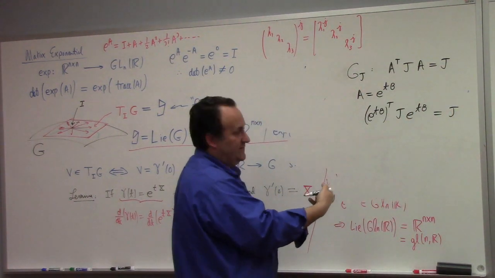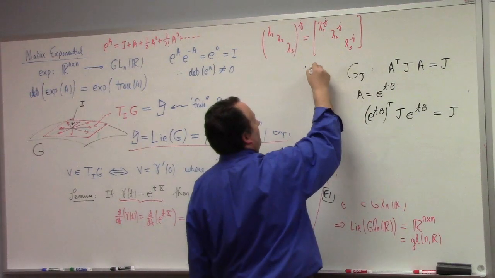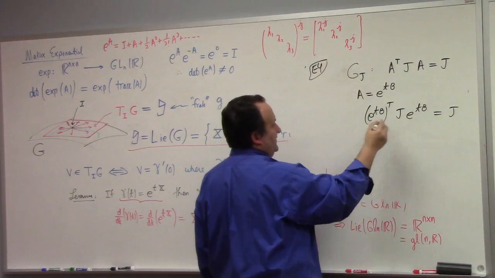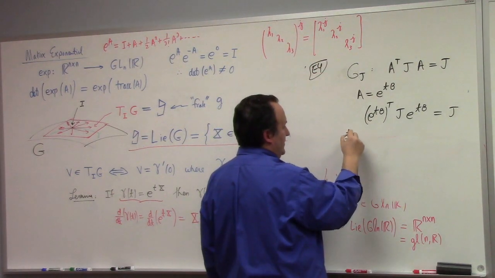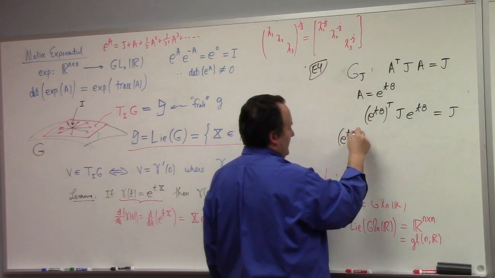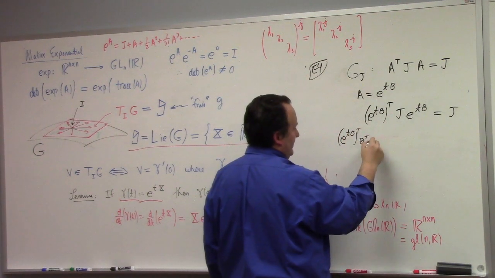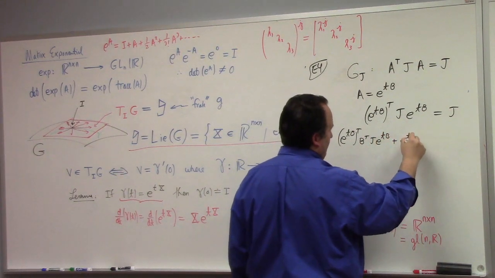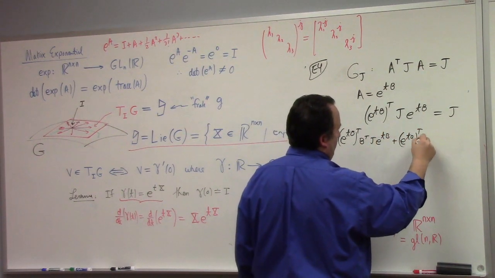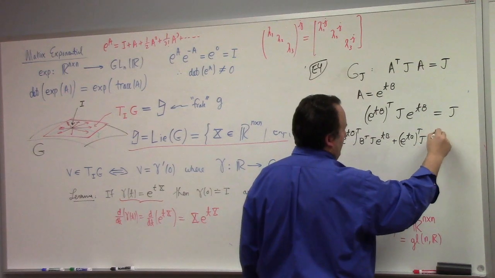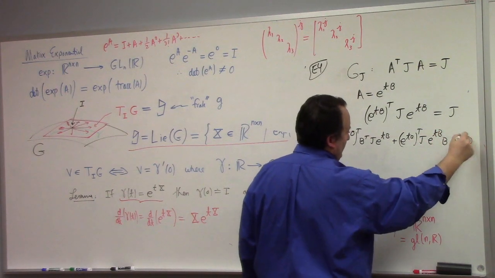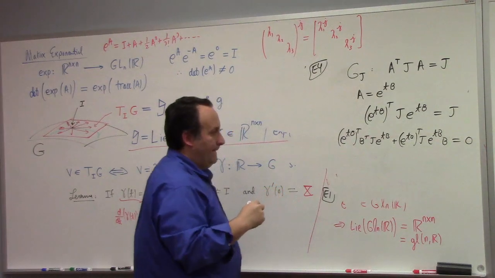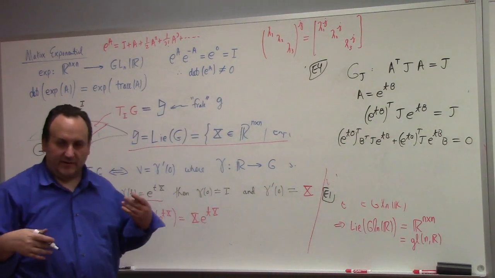Differentiate this, right? We get e to the TB transpose times B transpose J e to the TB plus e to the TB transpose J e to the TB times B equal to 0. And then you know what we're going to do.